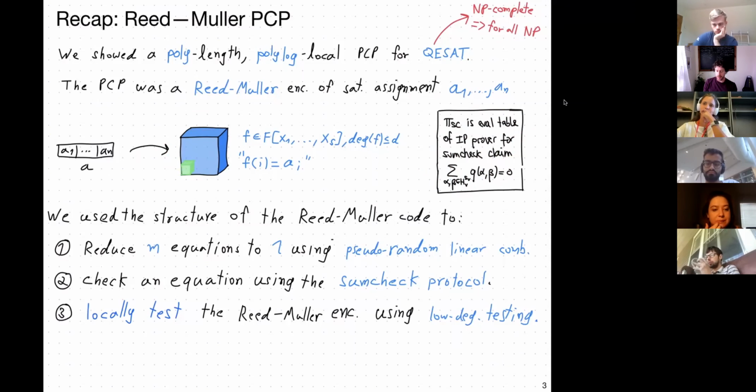So maybe to give a bit of a digest of what happened there. The idea is that we started with the Hadamard code, which is an extremely long code with amazing locality. And we wanted to get better length.